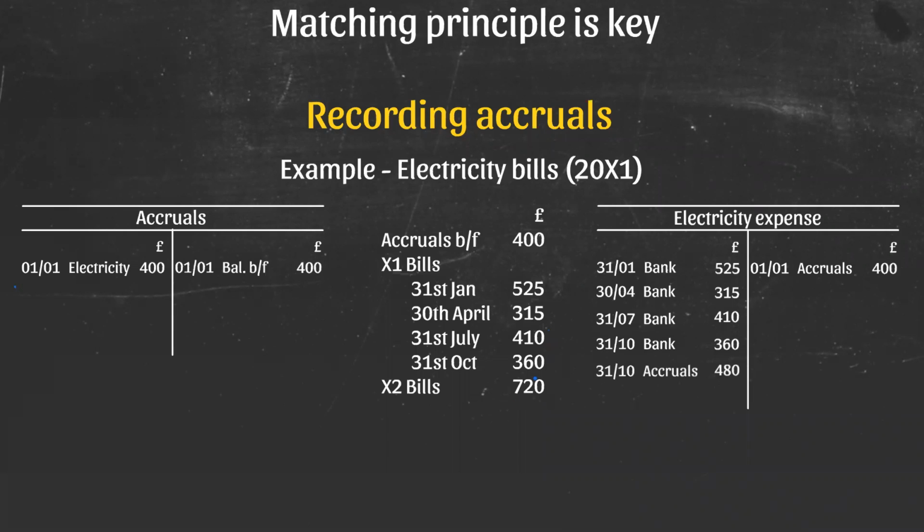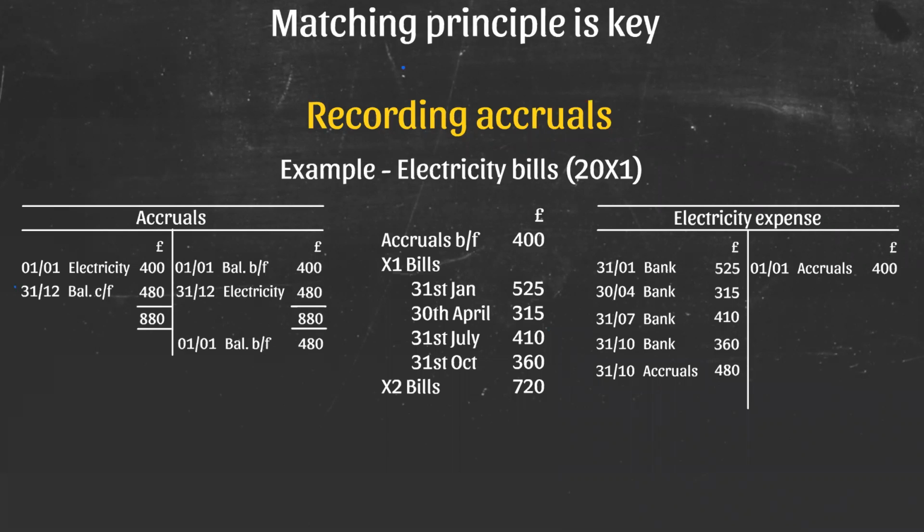Well, nice and simply, we need to recognize the expense that relates to our 2/3 usage of this bill in the X1 financial year, okay? So 2/3 of 720 is 480. So we would recognize £480 as an expense in this financial year, okay, to reflect our usage of this service in this period. Remember the matching principle up here.